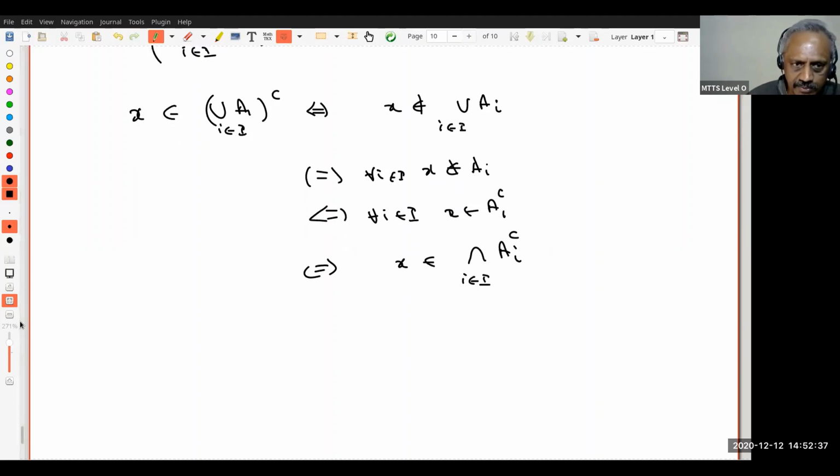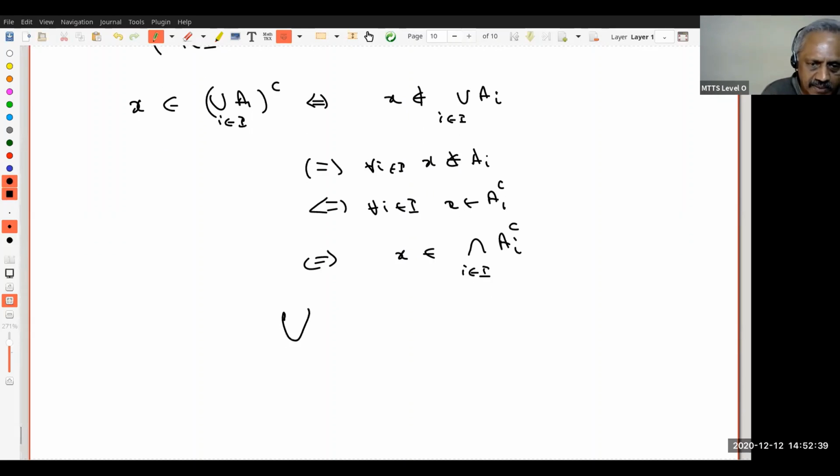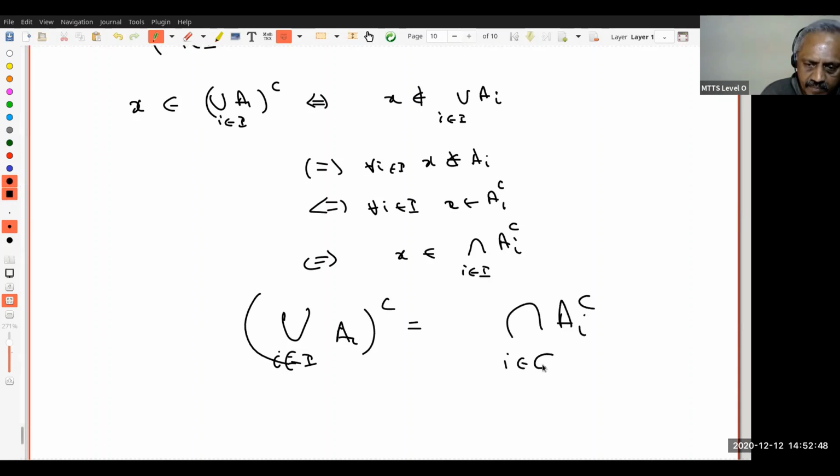So we have proved the result: the complement of the union of A_i, i in I, is the intersection of the complements of A_i, i in I. Similarly, the intersection also you can see. It's an exactly similar proof, but you should try on your own.